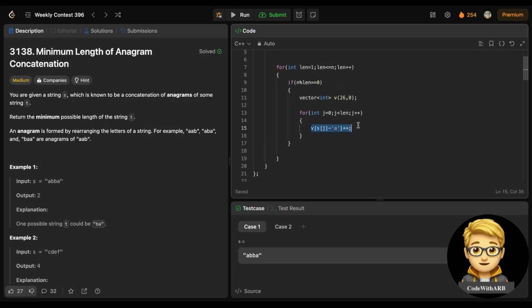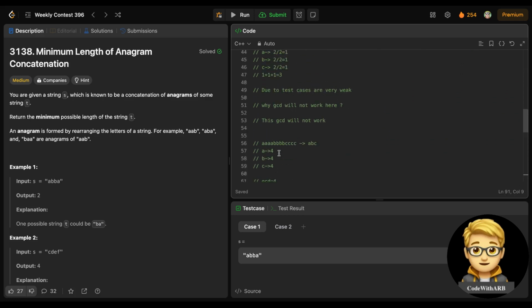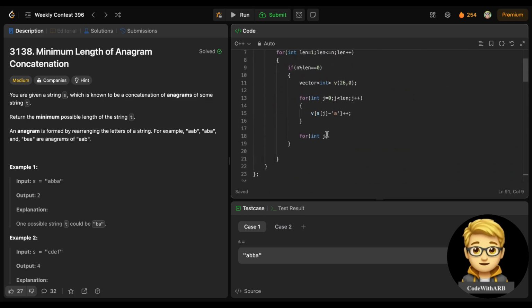Now we will check every segment of the string which is a part of this length. So we will store every character in this array. Now I will check every part, like these three-length segments: ABC, BCA, and CAB. All three segments need to be checked, right?